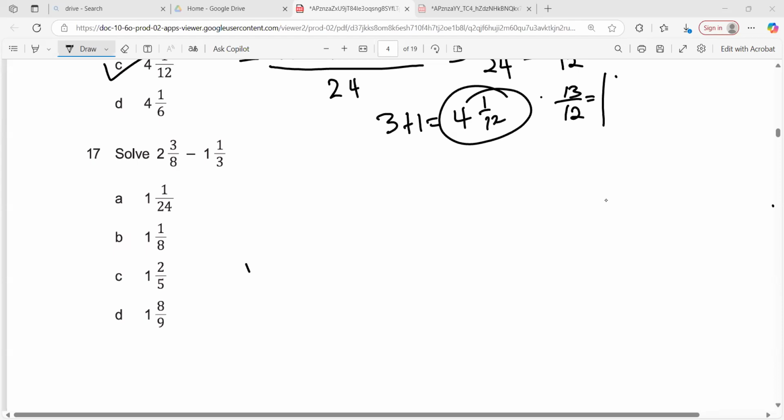Okay, sir. Number 17 said solve 2 and 3/8, subtract 1 and 1/3. So first, sir, we will look for the least common multiple, which is 24.